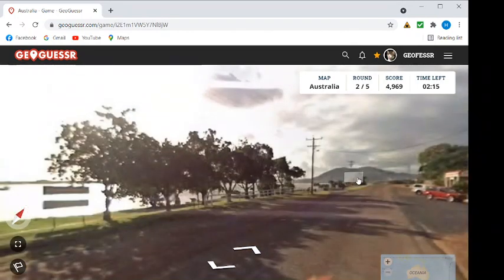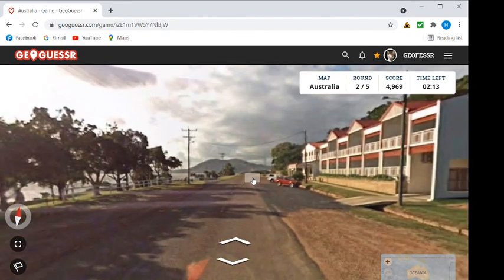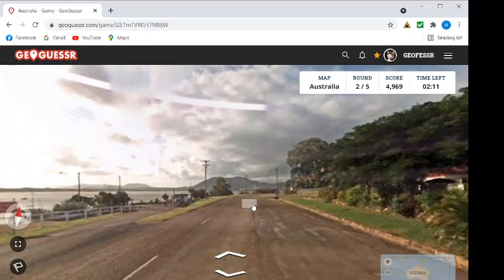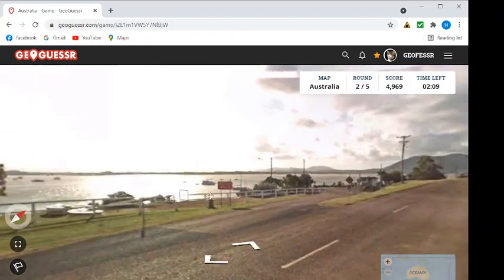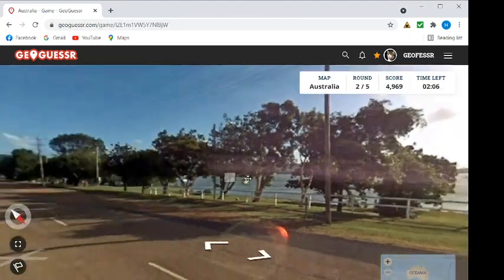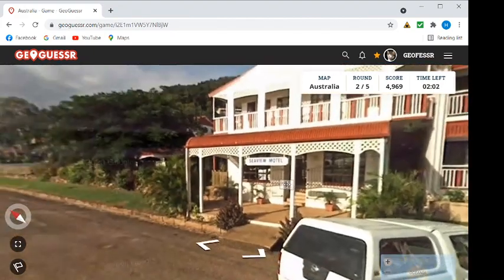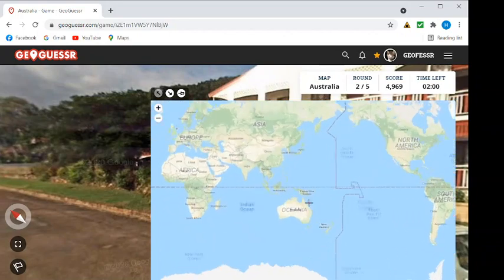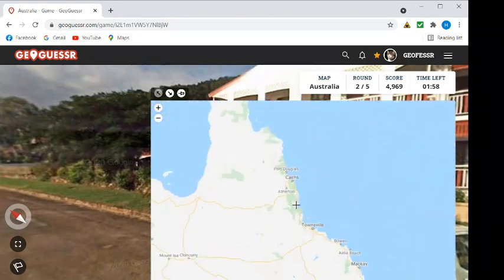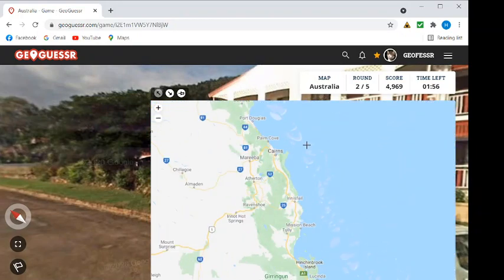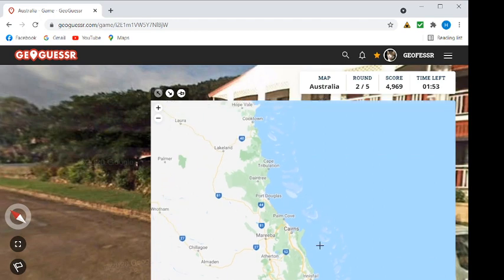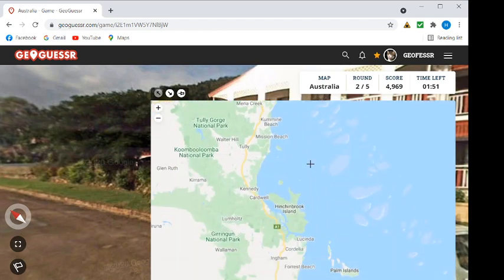Okay. So it looks like going north. Okay, I'm going to guess we're probably on an island off the Queensland coast from this. Let's see where. Yeah, where is one of those?